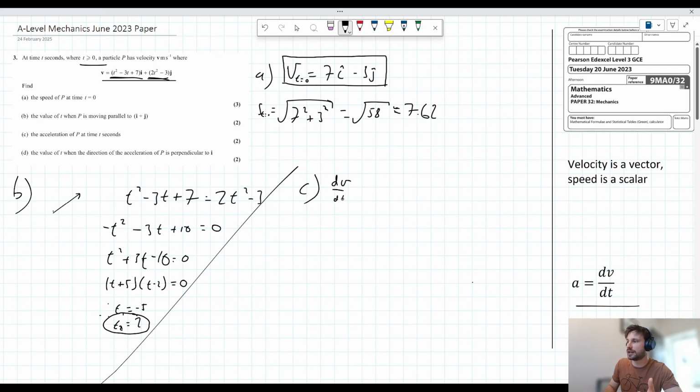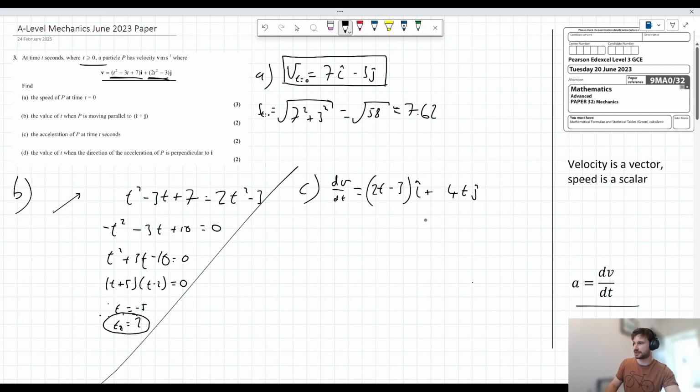So let's go ahead and differentiate this then. We can say dv over dt is equal to (2t minus 3)i plus 4tj. So just write it out like that.